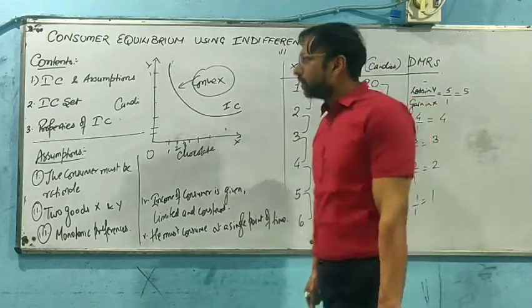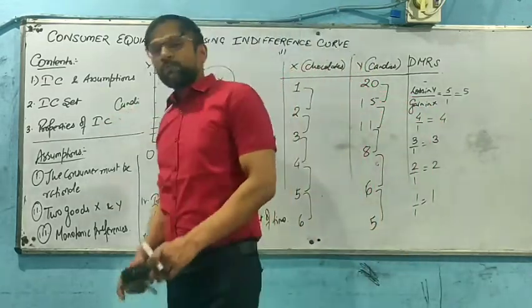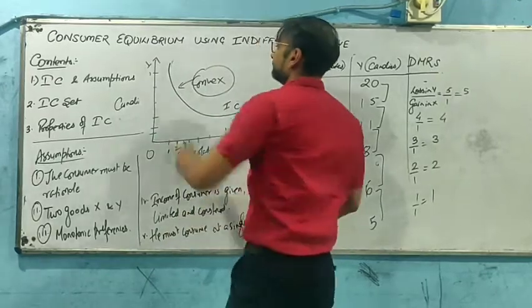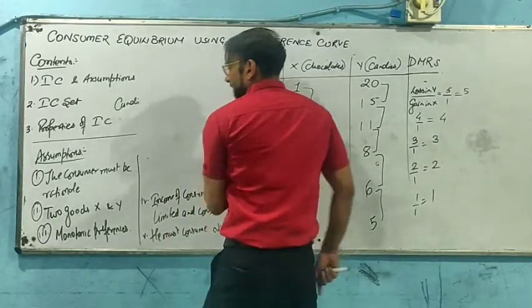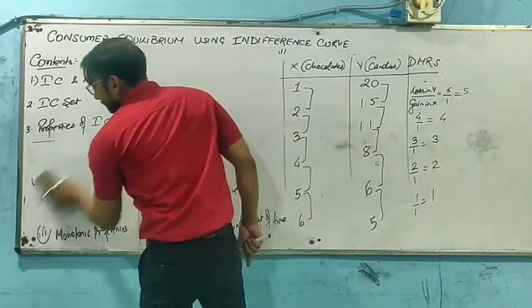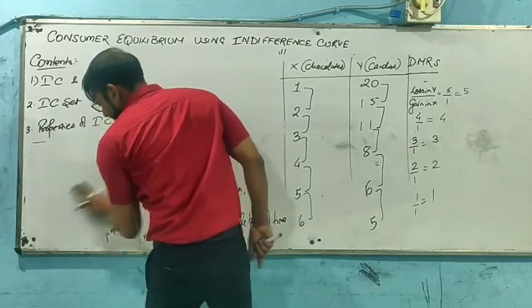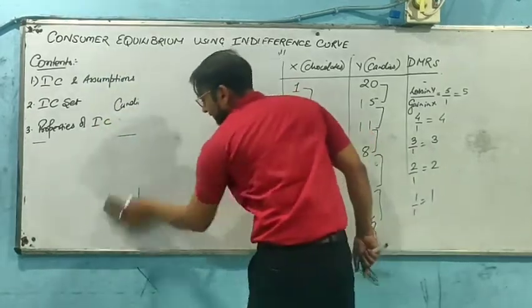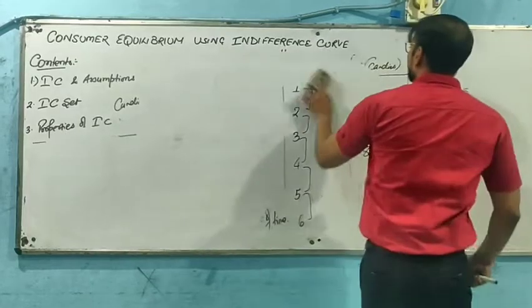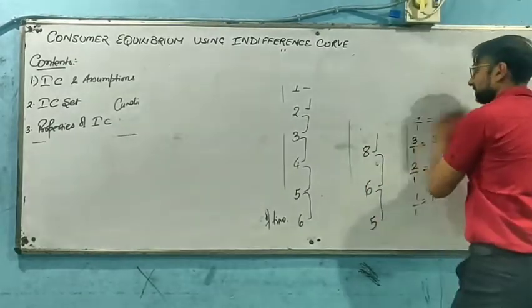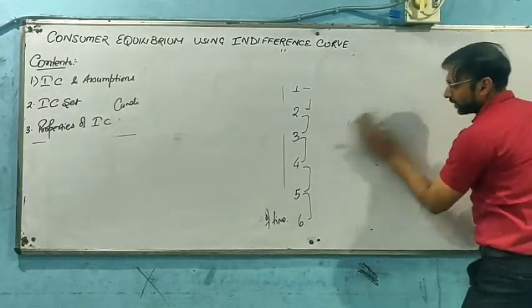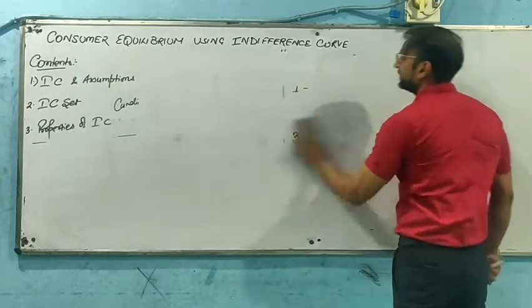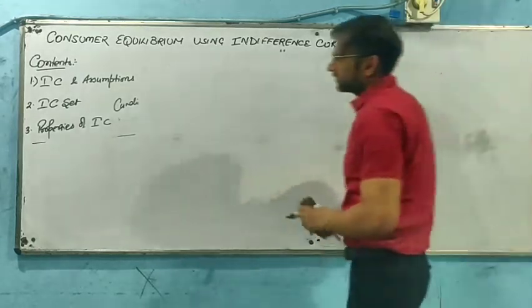Fine. Now we are coming to the properties of IC. If we come to the properties of IC, we just need to see, and we will be able to understand our indifference curve more appropriately with the help of these properties.